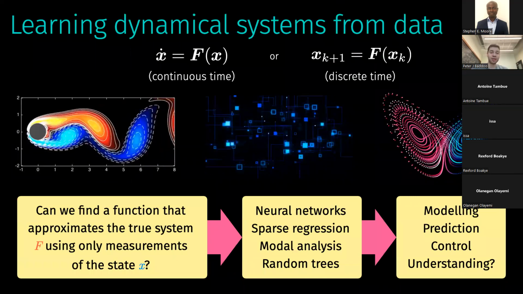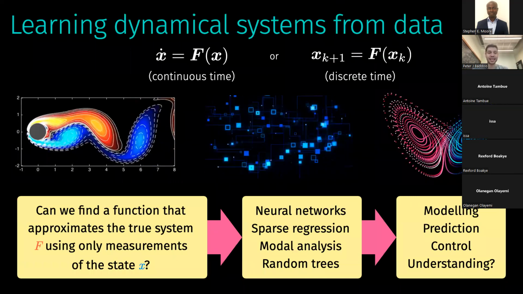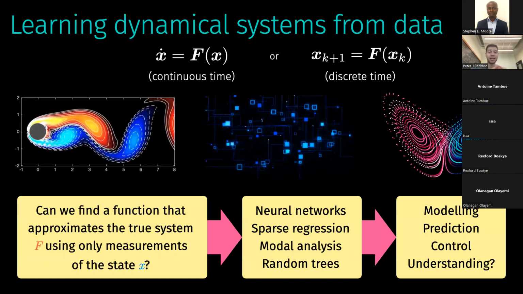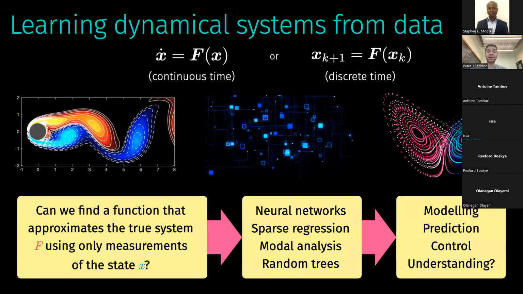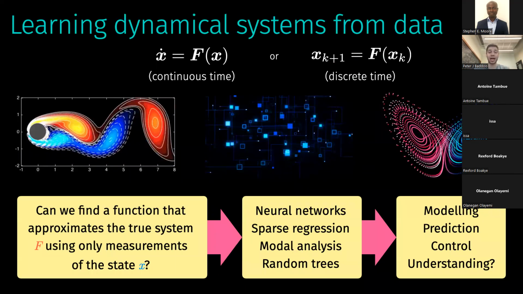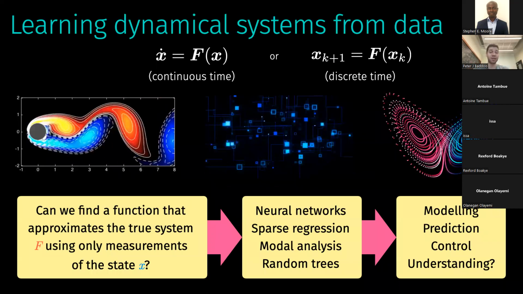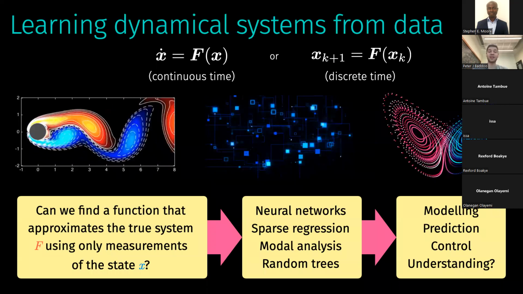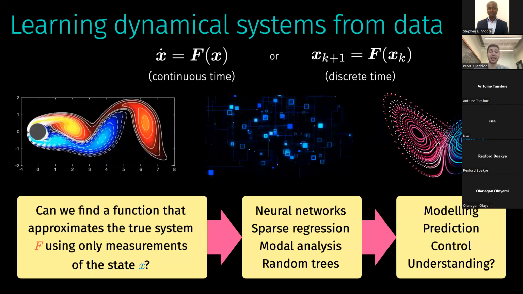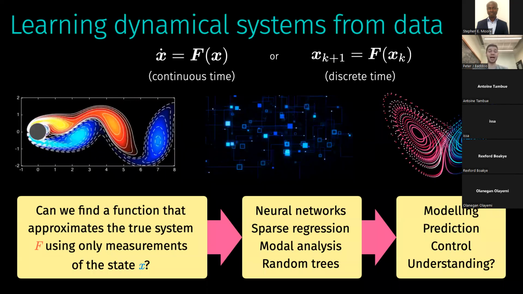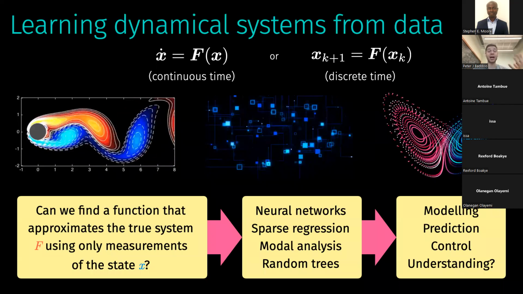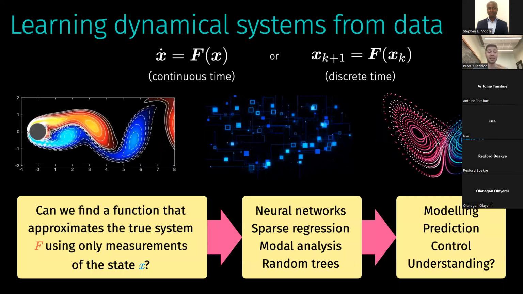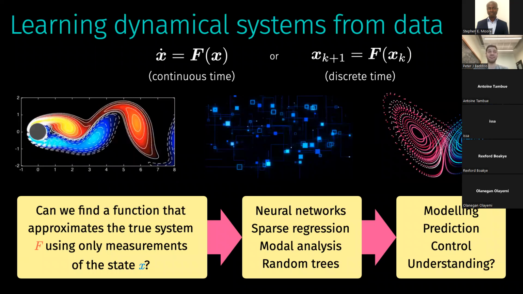The traditional paradigm of analyzing dynamical systems has been to derive the dynamical system itself from, say, first principles, usually from conservation laws like conservation of energy or conservation of momentum. We can exploit those principles to derive differential or partial differential equations that characterize the system.